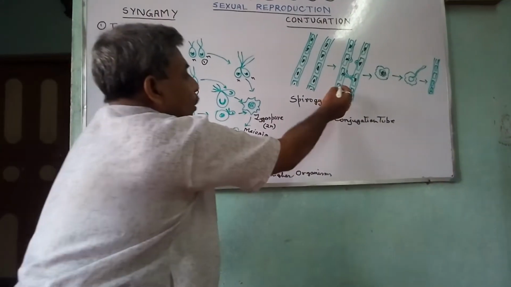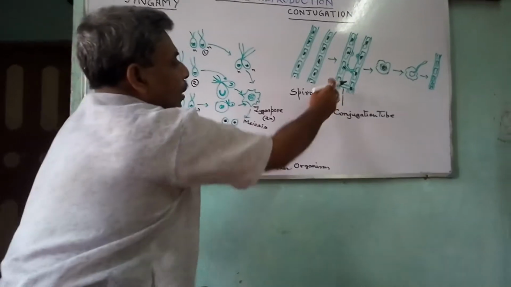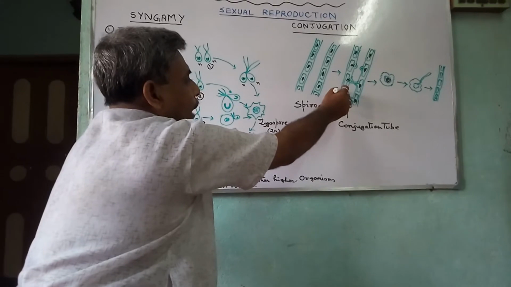The donor cell of genetic material is vacant right now, and gradually it gets destroyed.